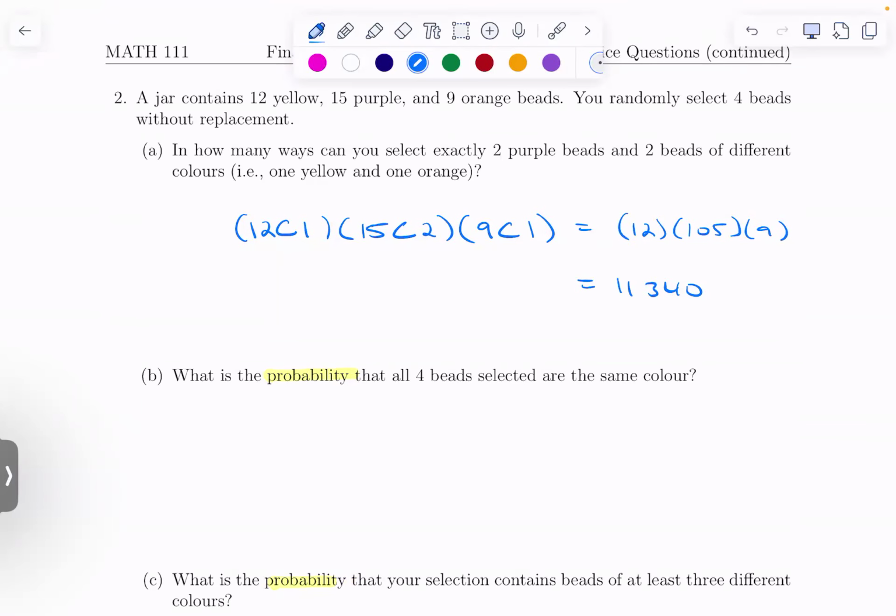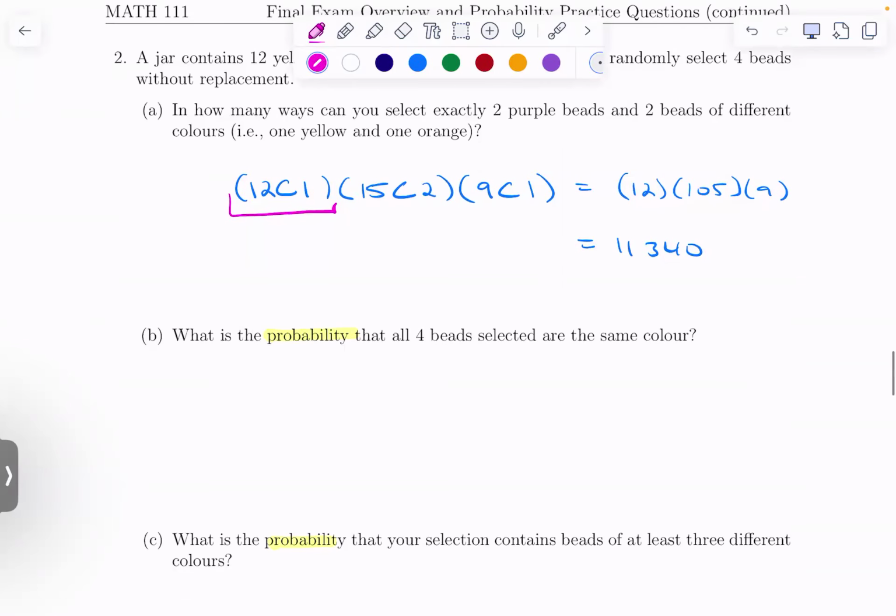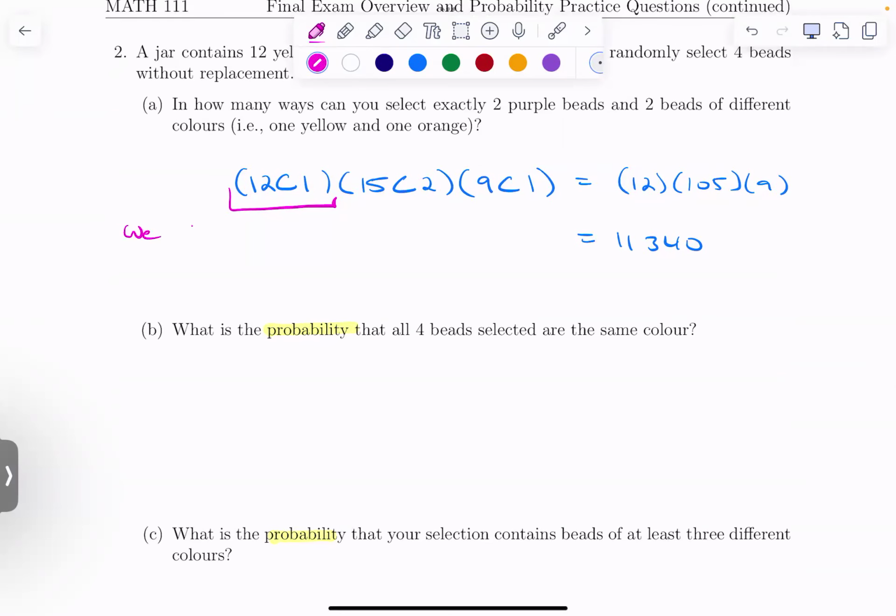I will make a note here that to match your formula sheet, I just want to use the 12 choose 1 notation, but we could write 12 choose 2 like this, which tends to be a little bit cleaner looking and quicker to write.